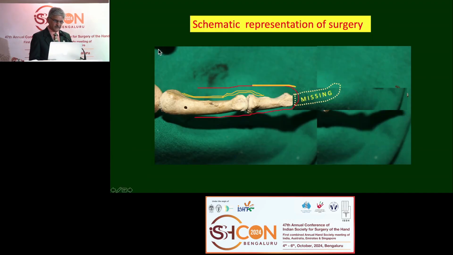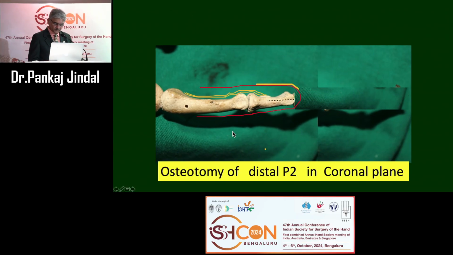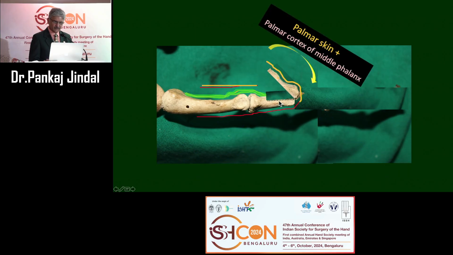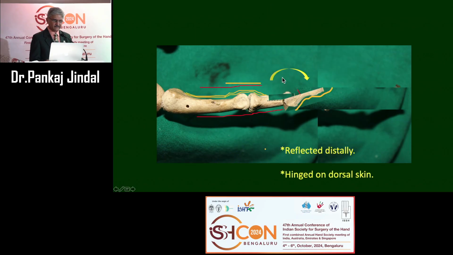So what we are doing is a schematic representation. A distal phalanx is missing. This is the volar part. This is the FDS tendon. We osteotomize the distal part of the middle phalanx in the coronal plane, and the volar half of the cortex with the overlying skin is reflected distally.